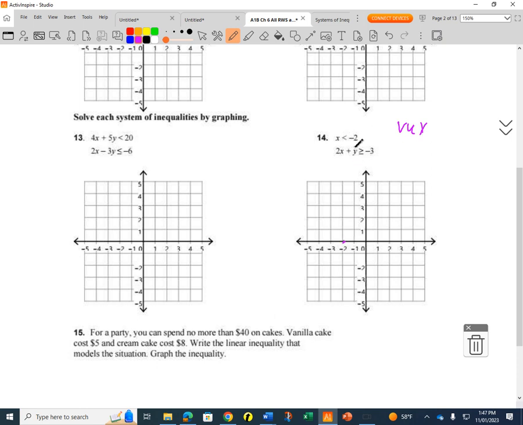So it's going to be a dotted line. And it's a less than. This is the only time you just shade the direction of the inequality. Less than -2 is always going to be the left. So you're going to shade this way. Does that make sense? All the numbers less than -2 are to the left, okay?